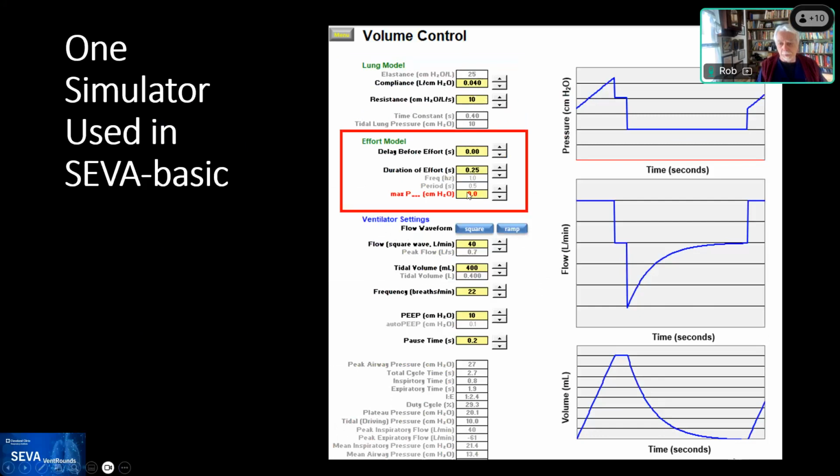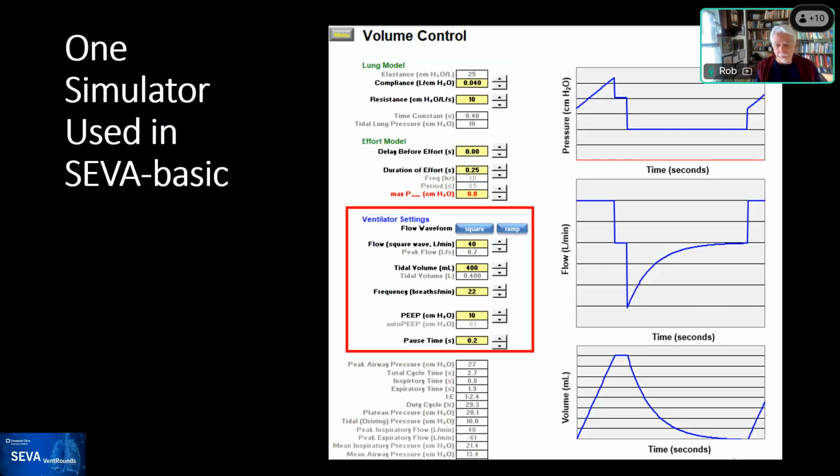So the amplitude of the muscle pressure, the duration of the effort, and how long before the start of the breath it can be started. In other words, a delay. And you use that, as you'll see in a minute, to generate some synchrony problems. And finally, we have these generic ventilator settings. Because we are in volume control, you can pick either a square or a ramp flow waveform.